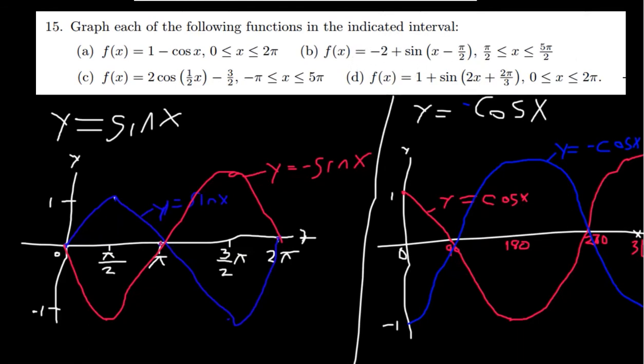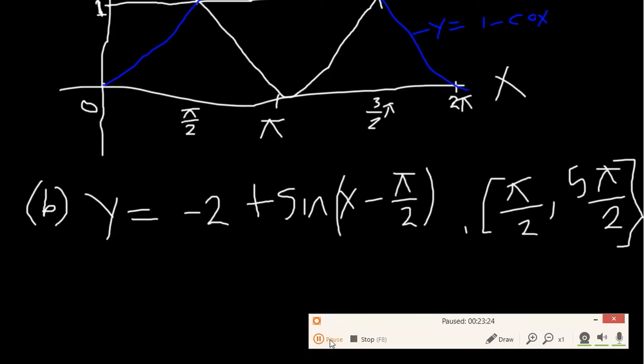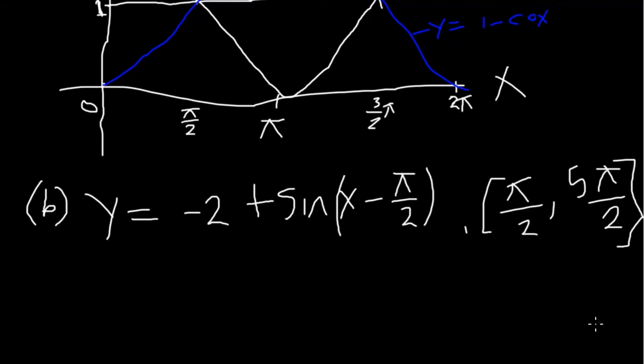So y is equal to negative 2 plus sine of x minus pi over 2, and this is our domain that we've been given.